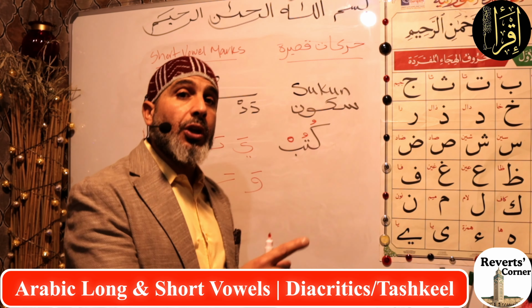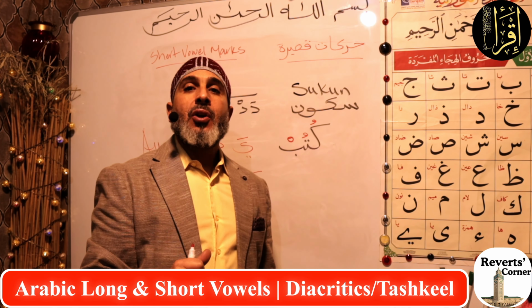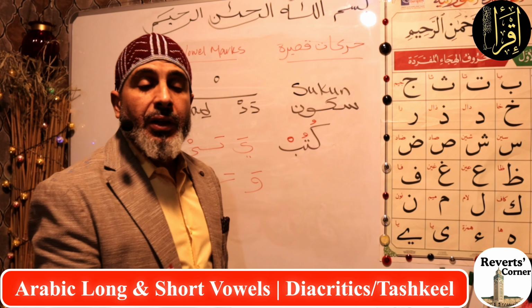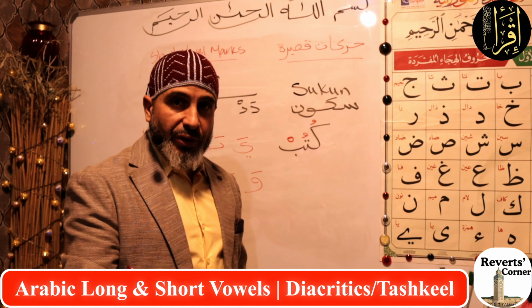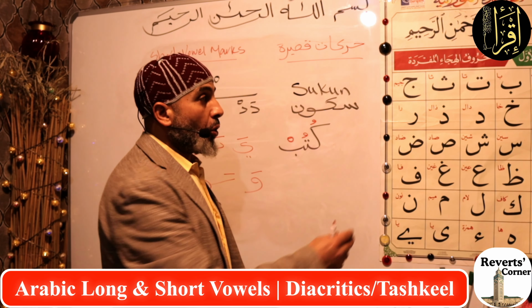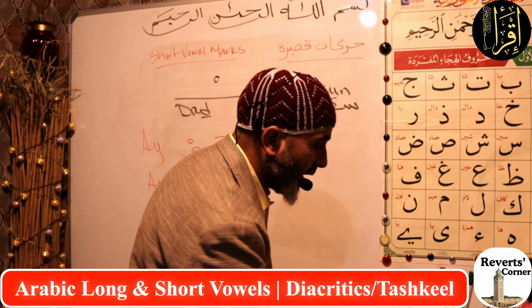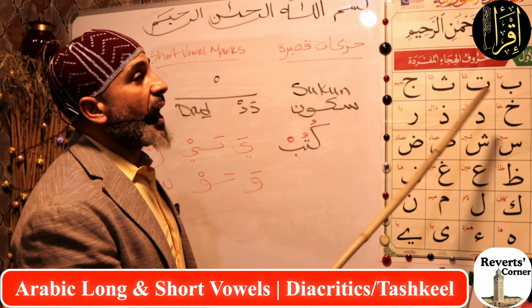Now, before we get to the long vowel marks or حركات طويلة, I would like to practice all of us together the short vowels on all the Arabic alphabet, and we'll start with the alif.